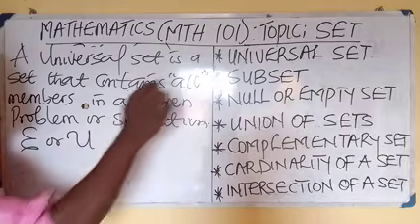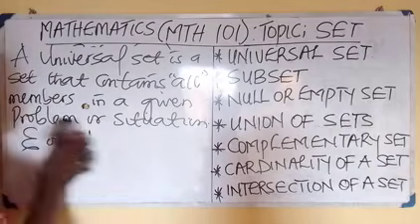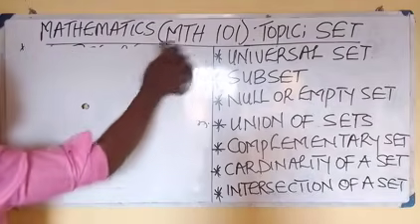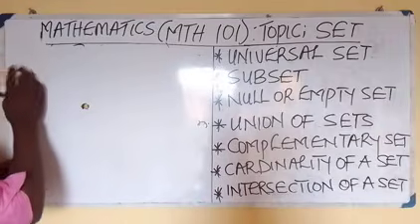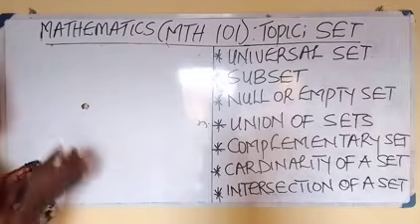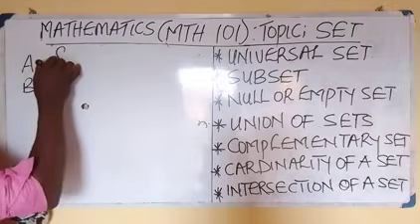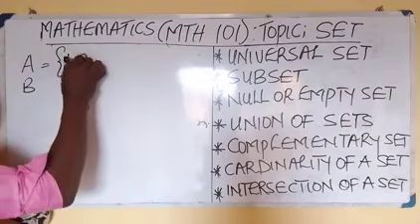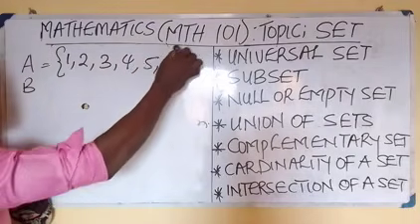All right, so the second one is the subset. I'm going to be using examples to explain it better. So if I have two sets, for example, set A and set B, I have 1, 2, 3, 4, 5, 6.